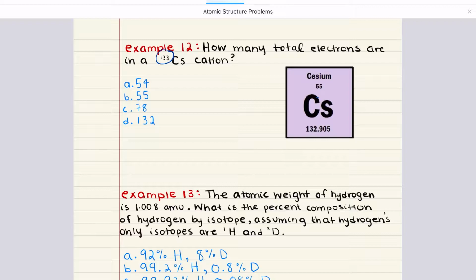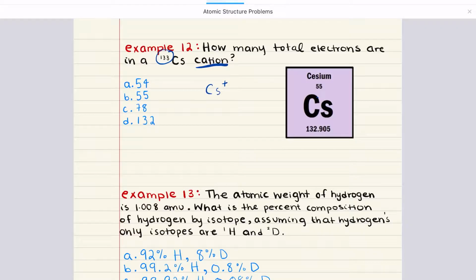Then for cations, a cation is formed when an atom loses one or more electrons, and the charge of the cation indicates how many electrons have been lost. Now, we're just told cation with no additional information, so really what this means is a cesium plus cation, which means it has lost one electron.